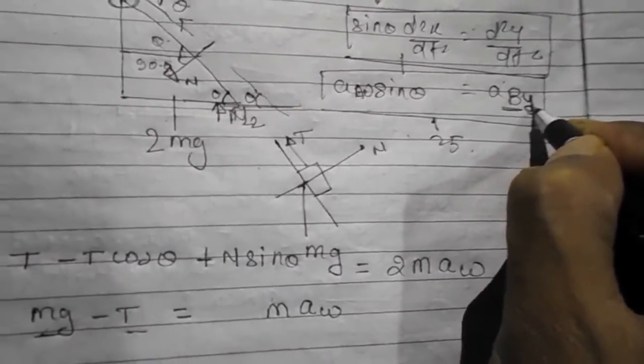Now I have one more equation. What should be the acceleration along this perpendicular axis?